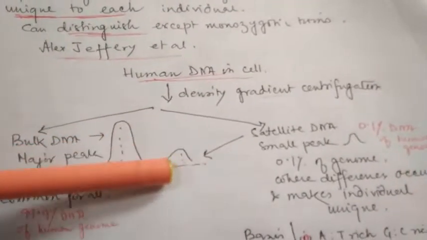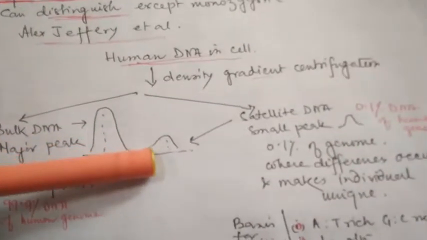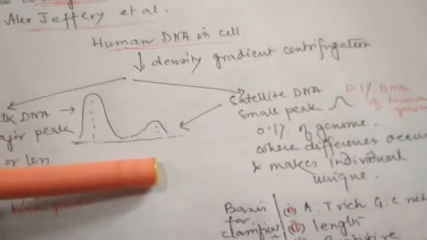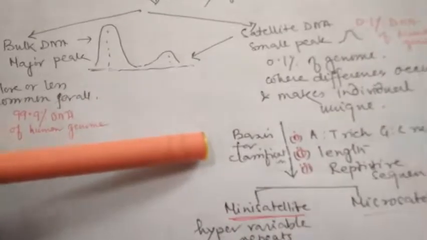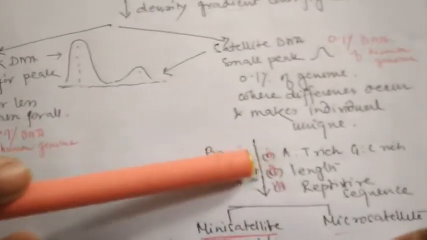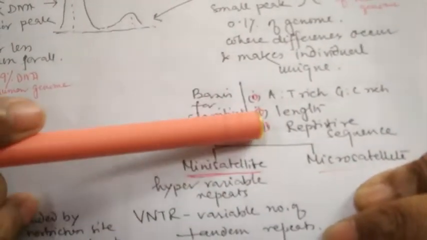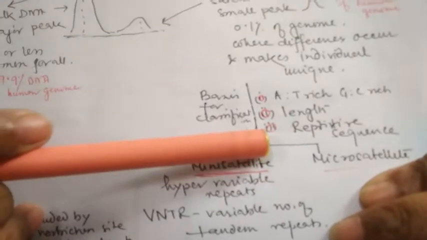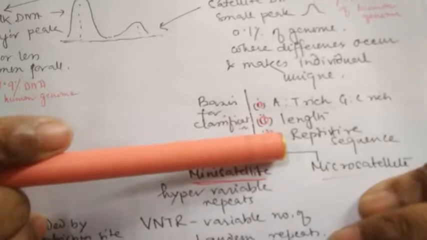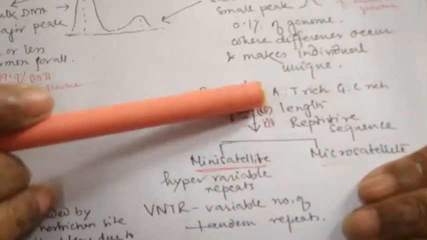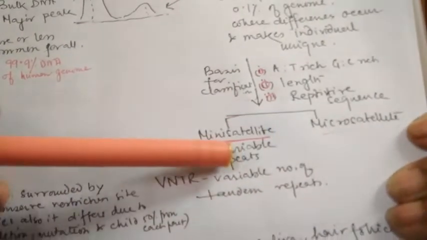This satellite DNA is our target region which will be collected, and there are various types of satellites, depending on whether the satellite region is rich in AT or rich in CG, the length of the satellite, and how many repeats there are, the number of repetitive sequences. Depending on these various criteria, satellite DNA is divided into microsatellite, minisatellite, etc.